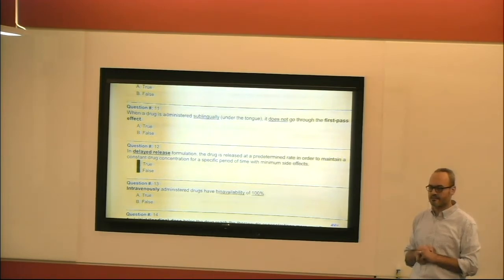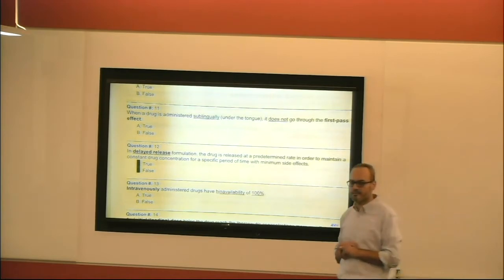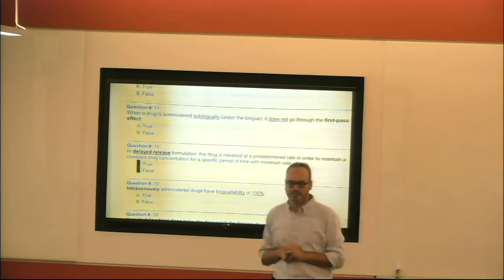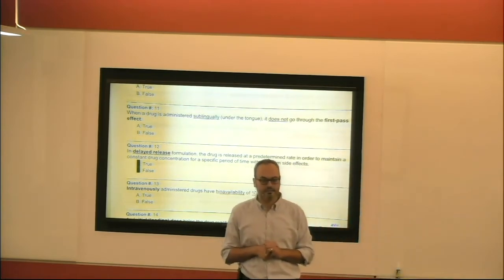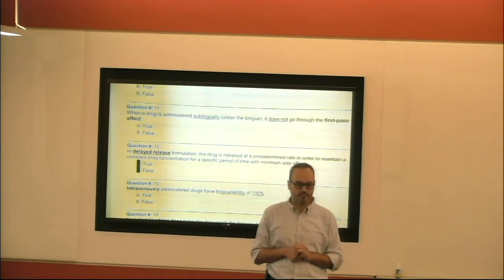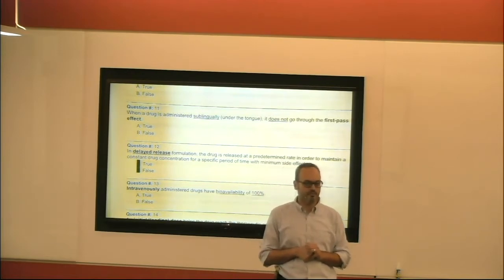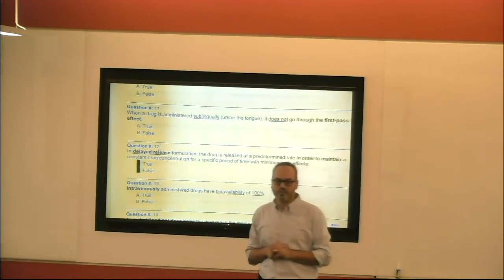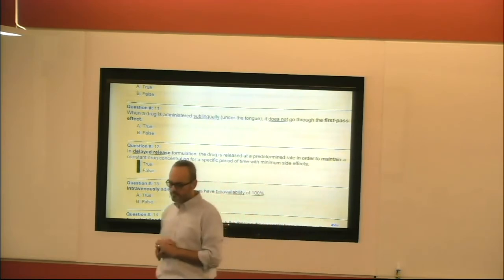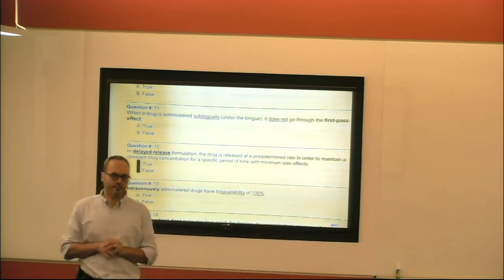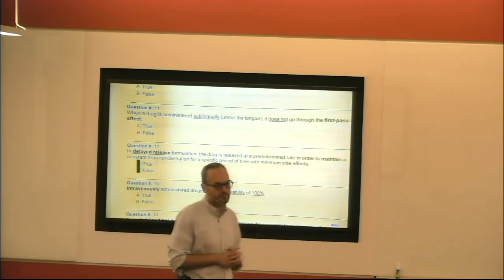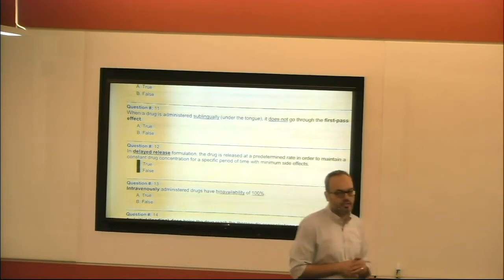So you avoid the first pass effect with the suppository, but 1/3 of the blood flow to the lower intestines and rectum is going directly to the liver. True. I know, okay, but what do I do with that? Because in reality. Okay. All right.